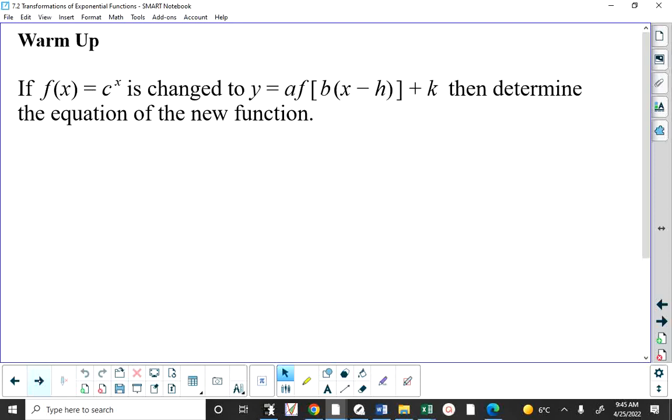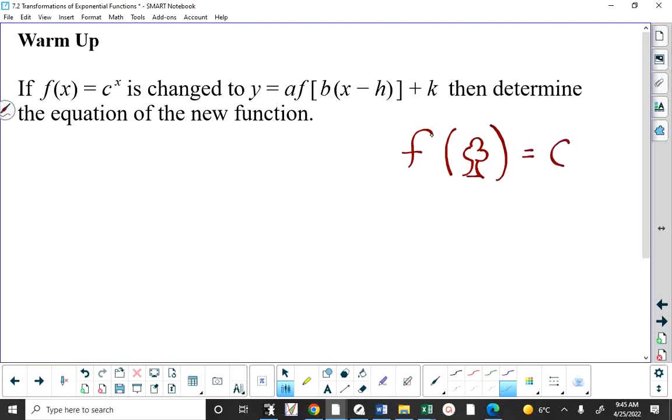Well, don't forget that I'm just going to use f of x equals c to the x and say, well, what is f of clubs? f of clubs is c raised to the clubs. That's all it means. f of pi is c raised to the pi.